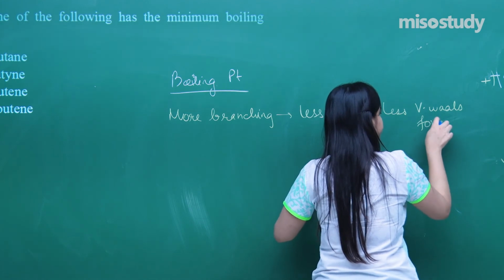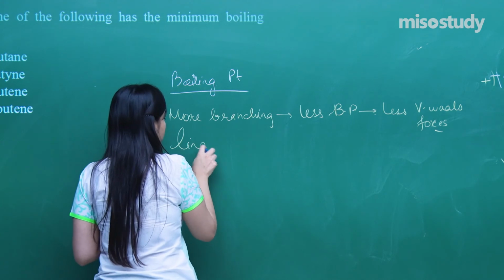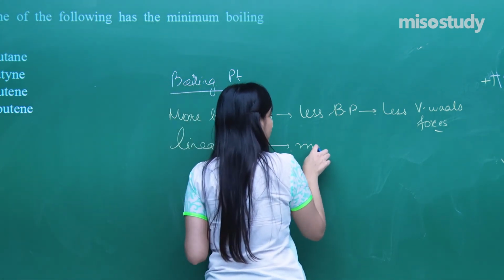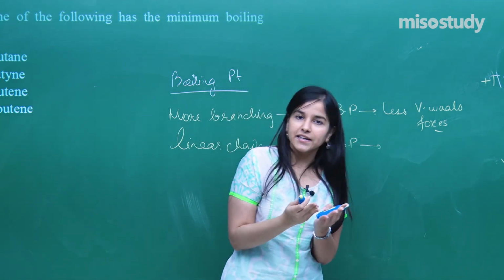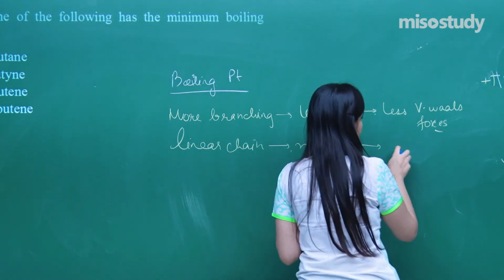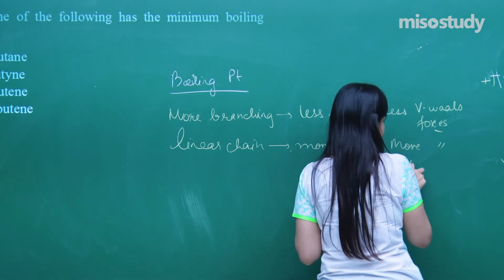So that is the concept. And if the compound is a linear chain, it will have more boiling point, because now in between the molecules there will be higher attraction and more surface area as well. So it will be more van der Waals forces of attraction.